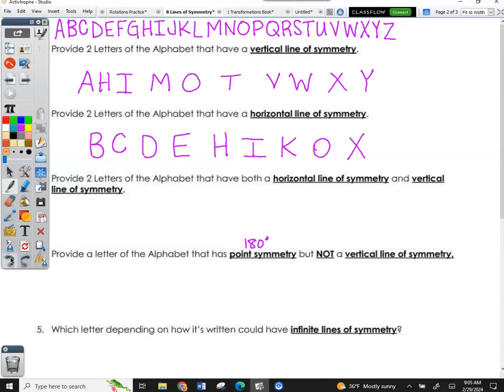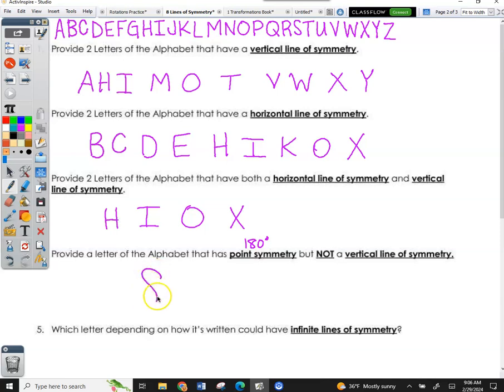What letters have both horizontal and vertical? O, X, I, and H. What letter can you rotate upside down and it matches, but you cannot fold it hot dog style to match?